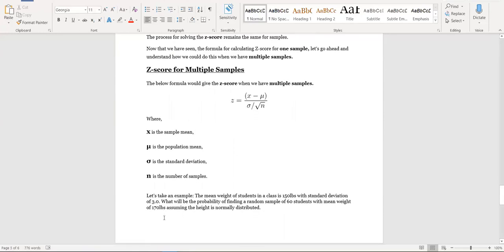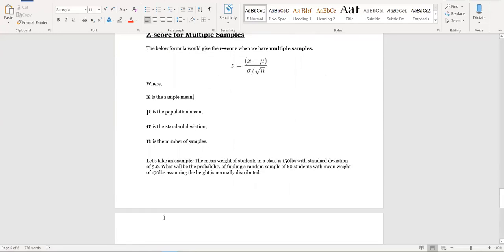So let's take an example. The mean height of students in a class is 150 pounds with standard deviation of 3. What will be the probability of finding a random sample of 60 students with mean weight of 170 pounds, assuming the height is normally distributed?